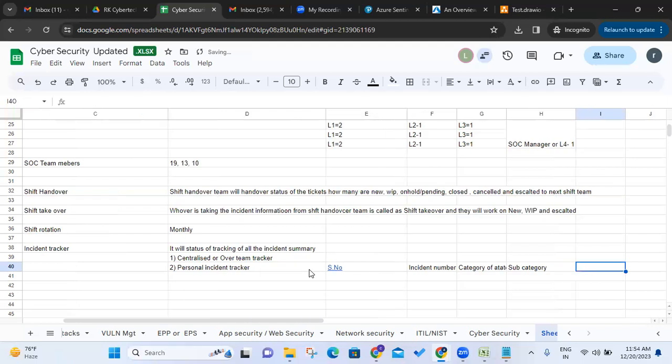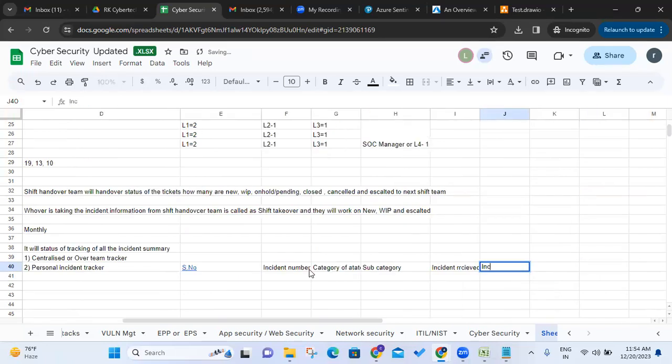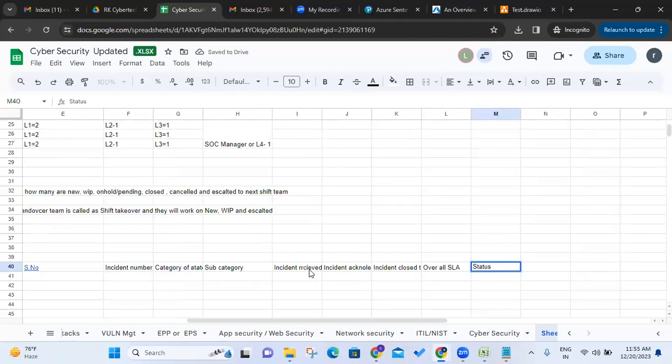Next, incident receive time, incident acknowledge time, incident close time, next overall SLA, and status. These are a couple of columns; you can make them your own way.